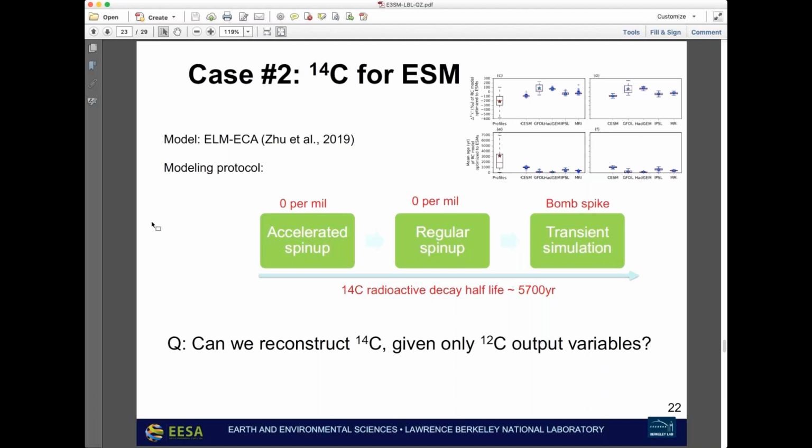The difference is we don't compare with the data. We wanted to ask, can we reconstruct the 14C given only the 12C output variables? The model couldn't see the 14C, it just sees the 12C. We only tell the mathematical model the radiocarbon decay half-life and the bomb spike time series, and see how accurately we can reconstruct the 14C.